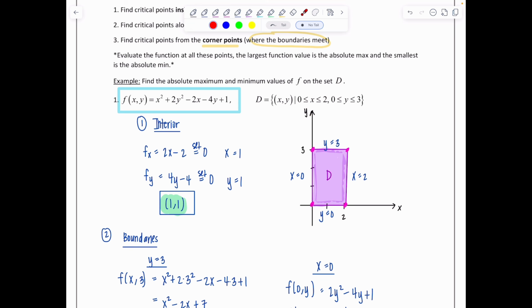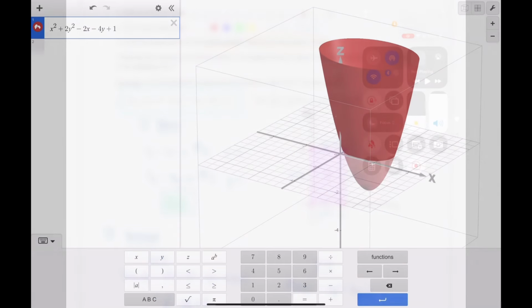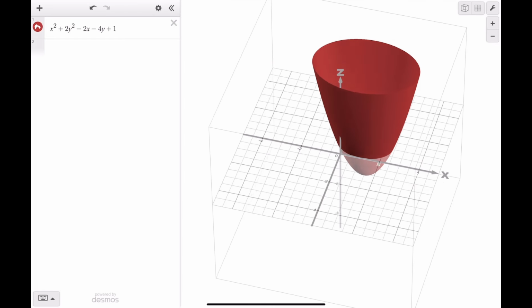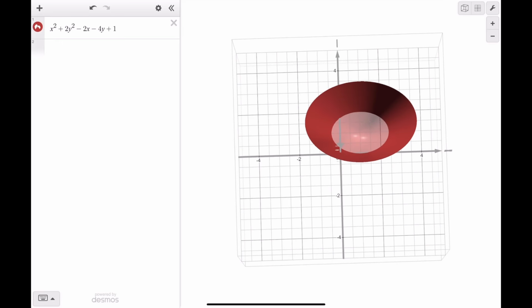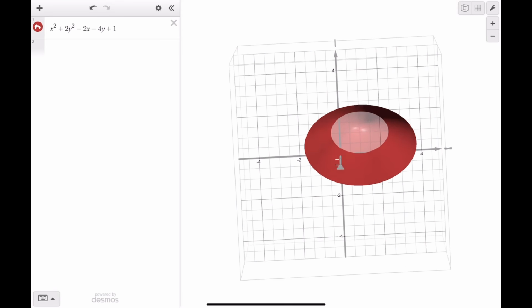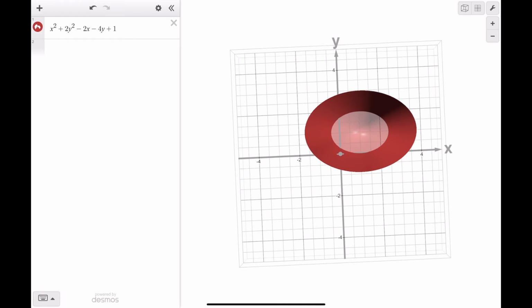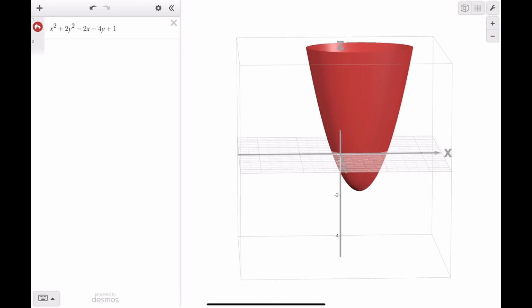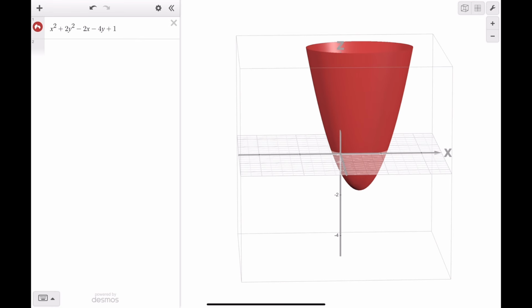Okay, I say graph it if you want. You know what? Let me just do it. So you can see here, right, that on the rectangle that we were given, we were restricted from x being between 0 and 2 and y between 0 and 3. So naturally, the absolute min does occur within that region, right? That's why that one came from an interior critical point.